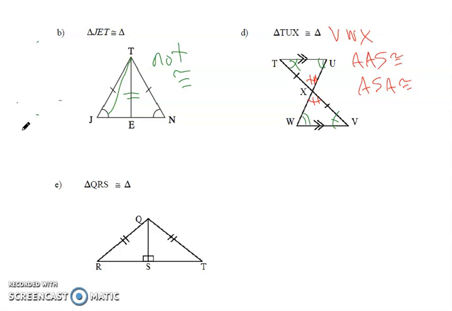The last one, they do share QS, and this time the angles are marked. So now I know that I can use hypotenuse leg. Or I can use long side, short side, angle because of the Pythagorean theorem. Or, as some of you did, you marked angles R and T, because triangle RQT is isosceles.